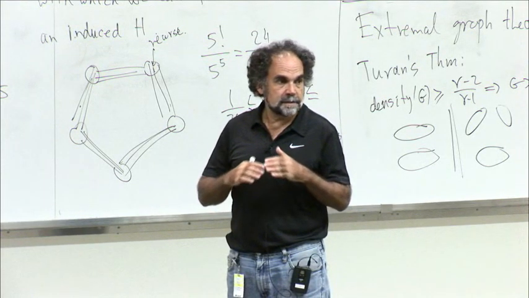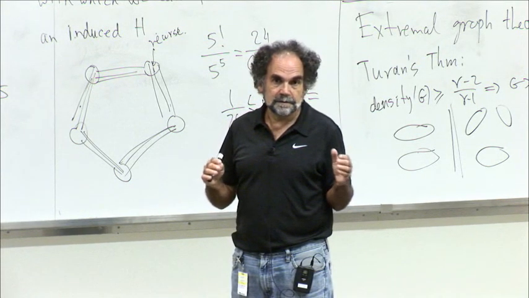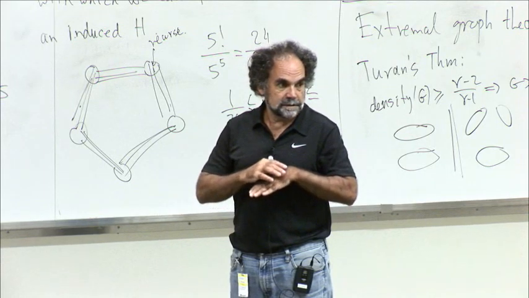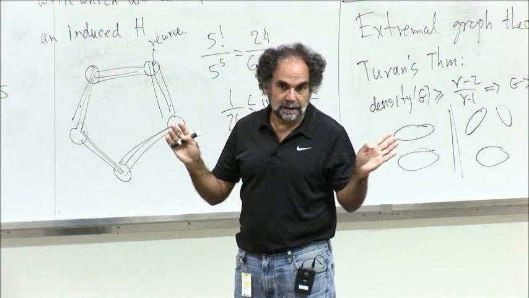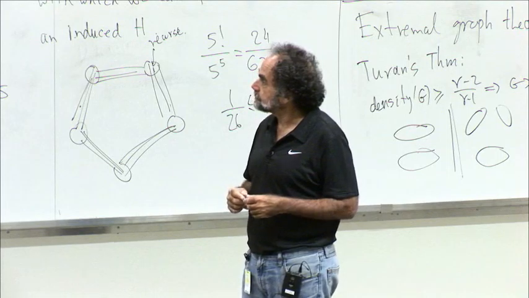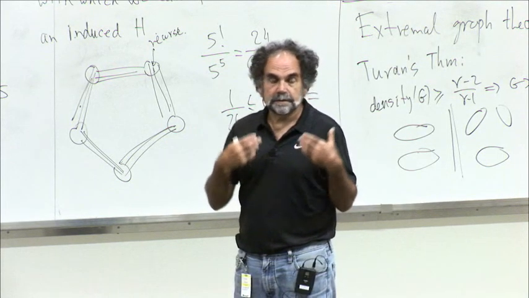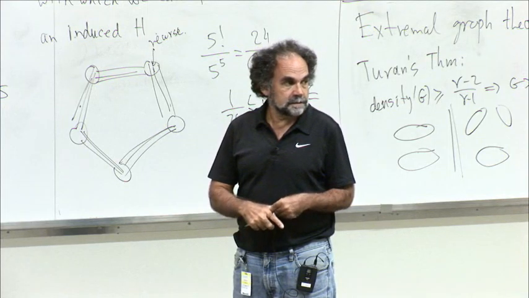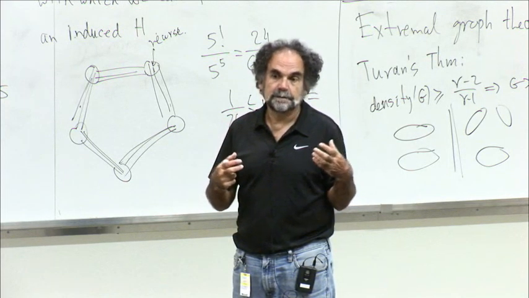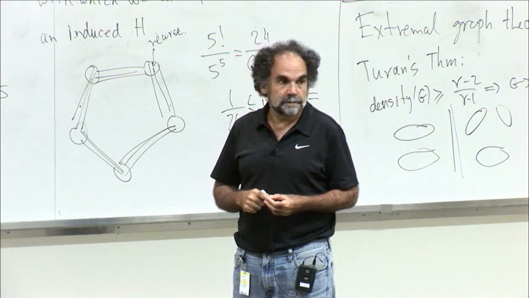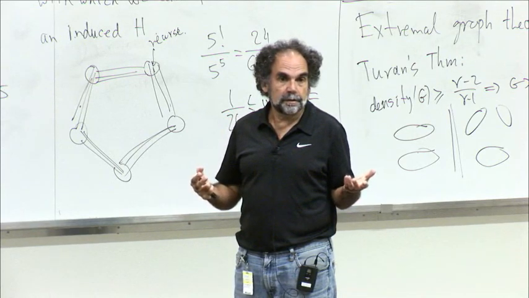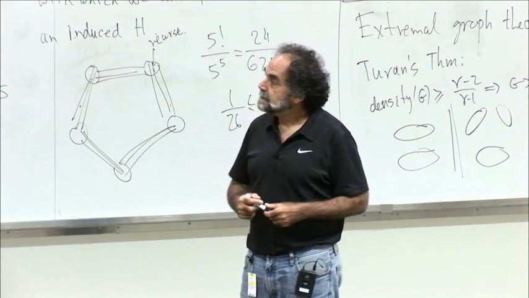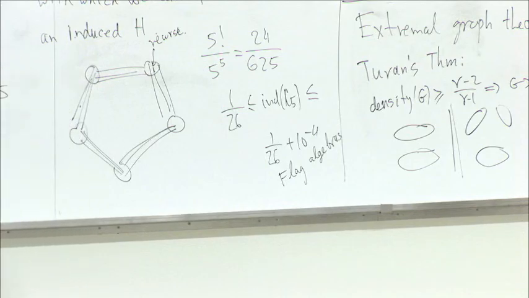For k equals 4, getting a full description of the 4-profiles seems at the moment completely out of reach. But then there is another kind of theory that you could ask yourself. So let's suppose I'm telling you the k-profile of a graph. What can you conclude globally? So here there is a beautiful conjecture by Erdos and Hajnal.